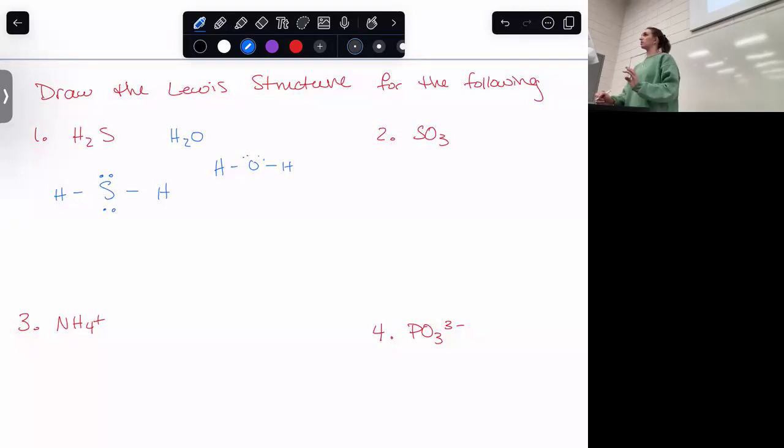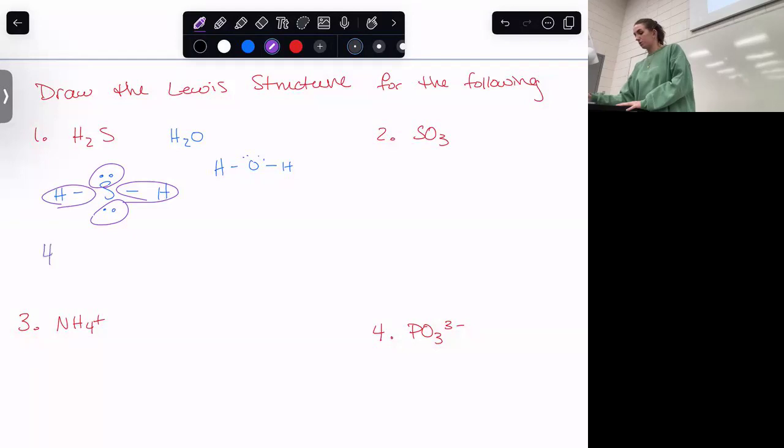We started briefly talking about electron domains. How many electron domains are in H2S? Yep, and where do those come from? Awesome. Right. The bonds and the lone pairs are each their own domain. So we have 2 bonding electron domains and we have 2 non-bonding electron domains.